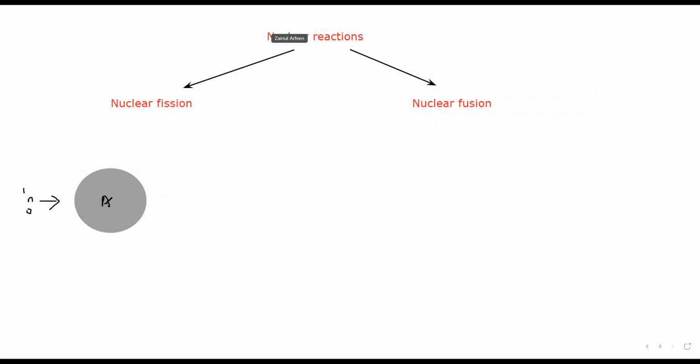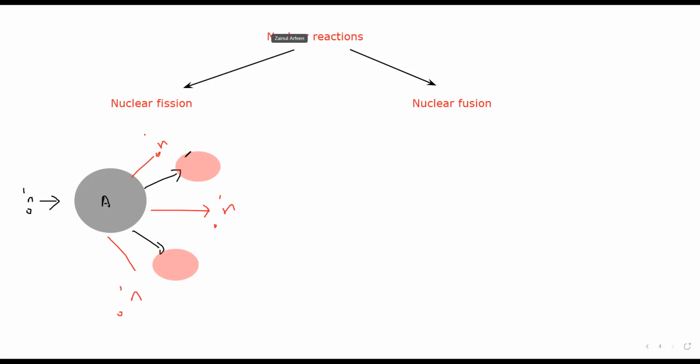When the slow neutron enters the nucleus, it will reduce the binding energy per nucleon. Why? Because now the number of nucleons increases, so the binding energy per nucleon decreases. To gain stability, this nucleus will break down into lighter nuclei and emit more neutrons. That is why the fission reaction is also called a chain reaction. Why do we call it a chain reaction?